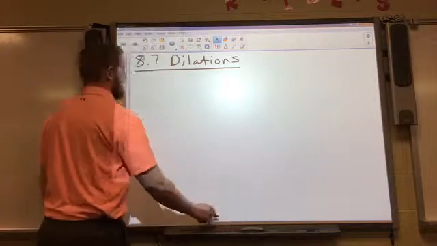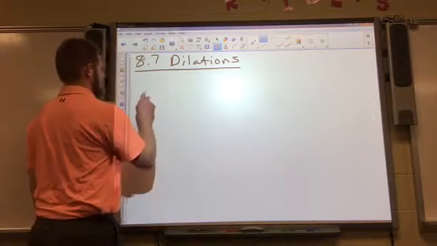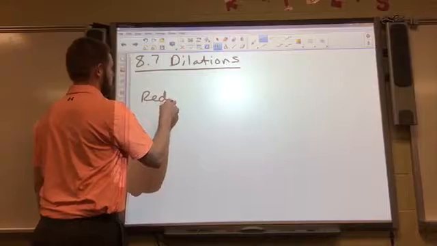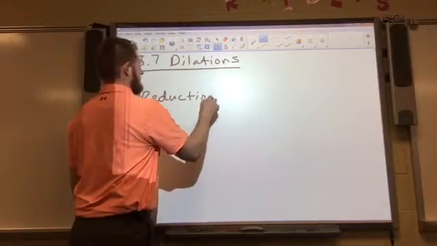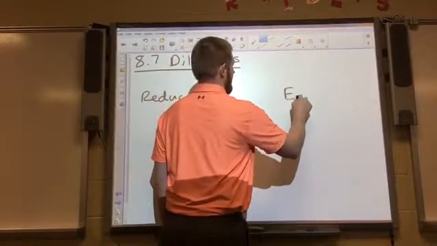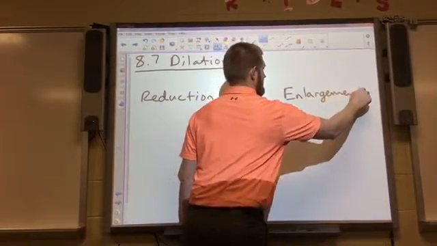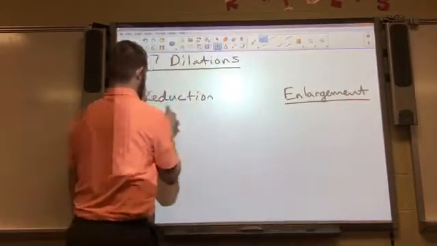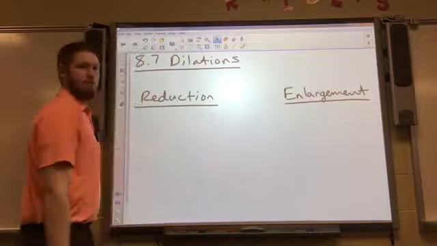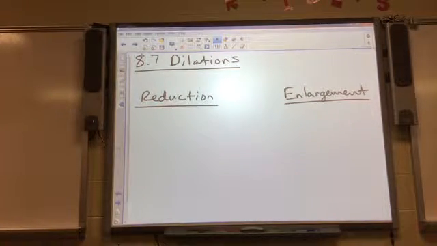Now, with dilations, you have two types of dilations. You have a reduction and you have an enlargement. Those are your two types of dilations.